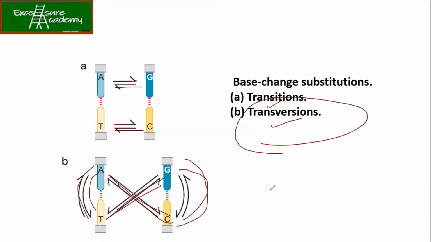Now, can you calculate the probability of having transversions if you have A, T, G, and C? How can you calculate the probability of transversions occurring? How will you calculate?